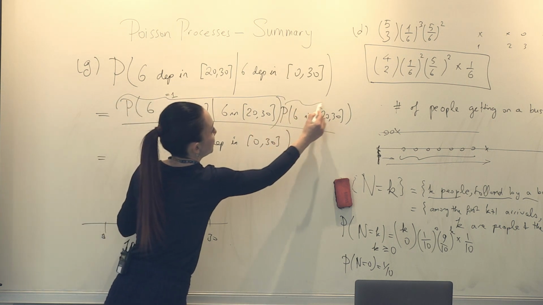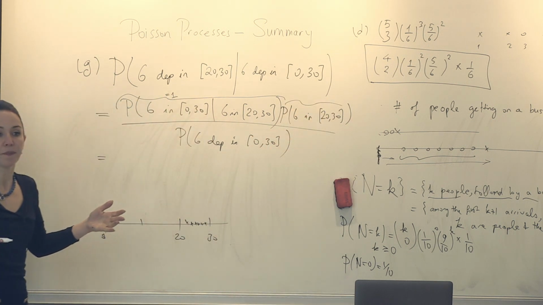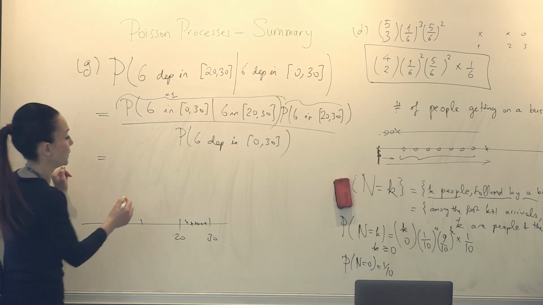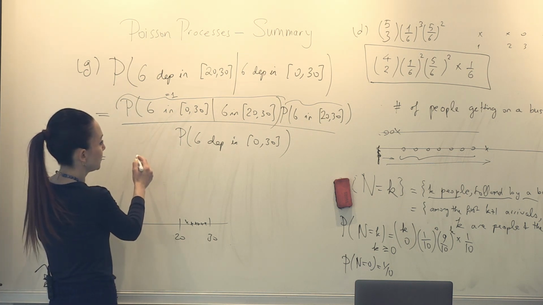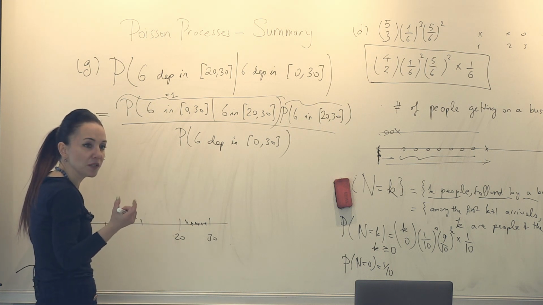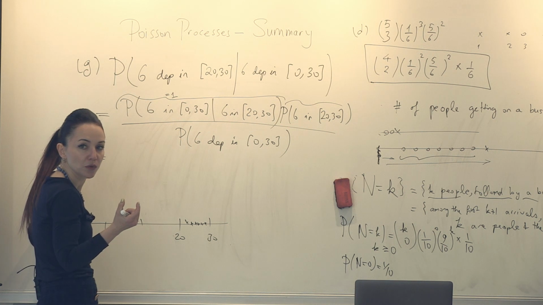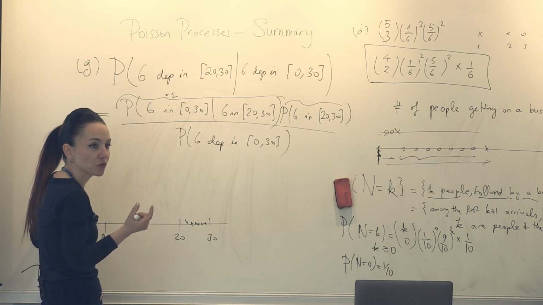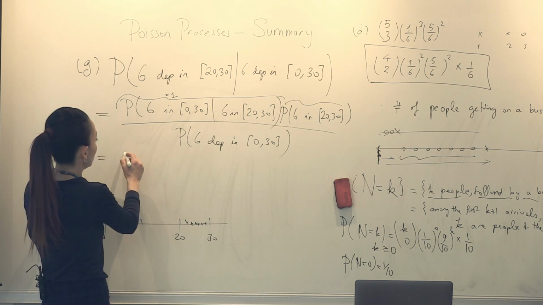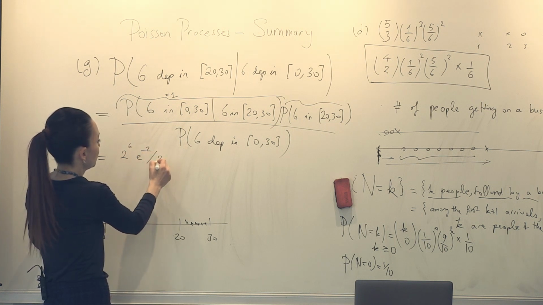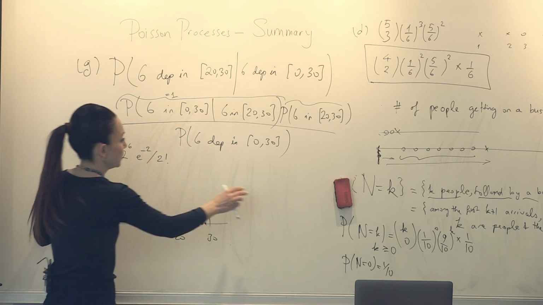How about the probability of 6 departures in 20 to 30? That's a Poisson probability, right? It's a 10-minute interval. Arrival rate is 0.2 arrivals per minute, so 0.2 times 10 is 2. So 2 to the 6 e to the minus 2 over 6 factorial.